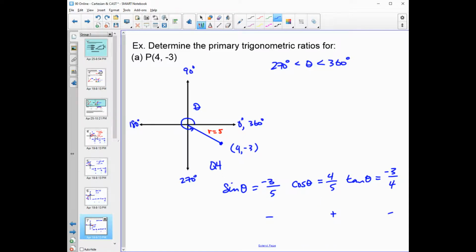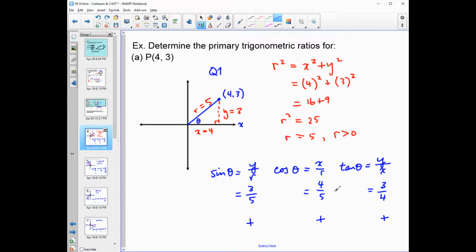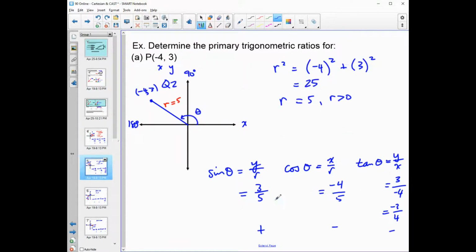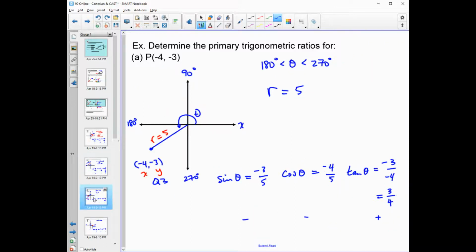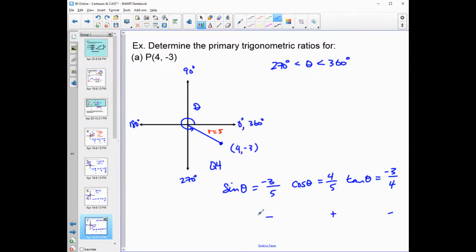So if we take a look, in quadrant 1, everything was positive. In quadrant 2, only sine was positive. In quadrant 3, only tangent was positive. And in quadrant 4, only cosine was positive. So there's a pattern there that we can make use of.